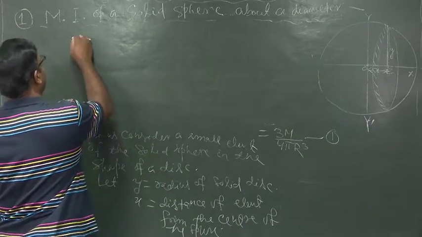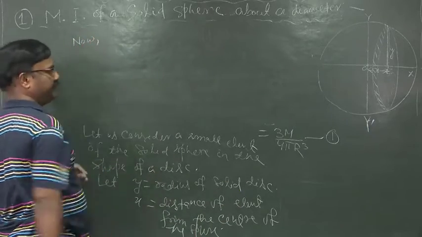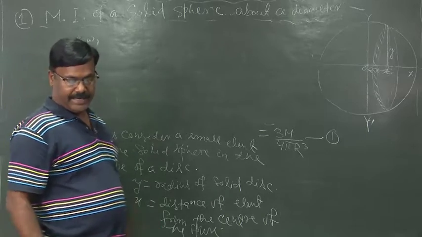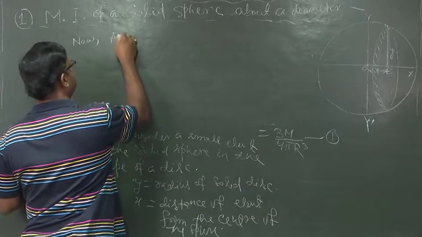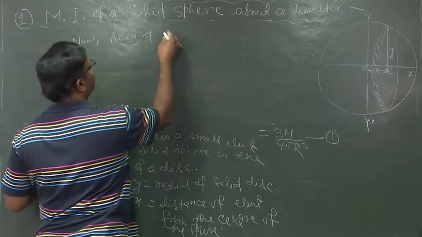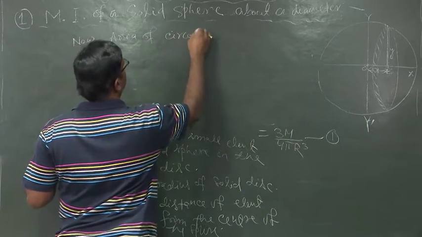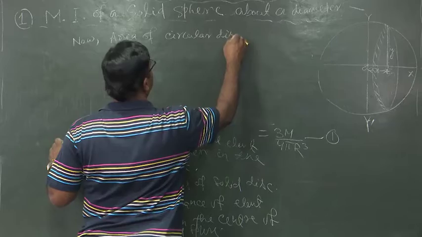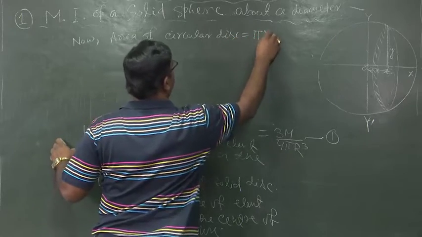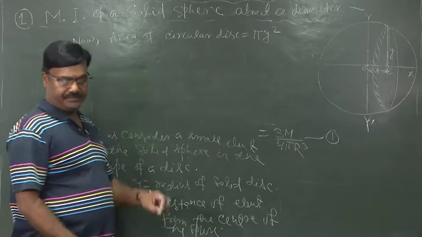Now, the area of a circular disc is equal to pi y square.